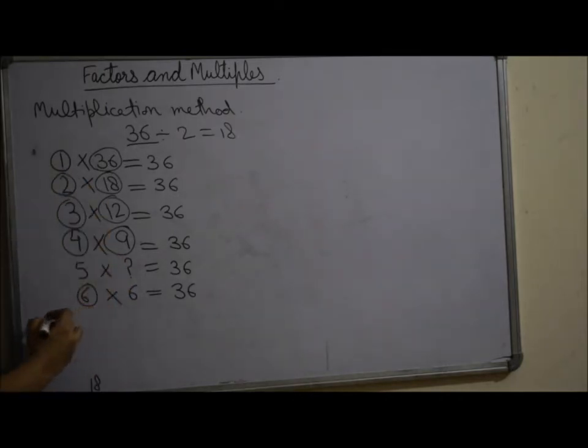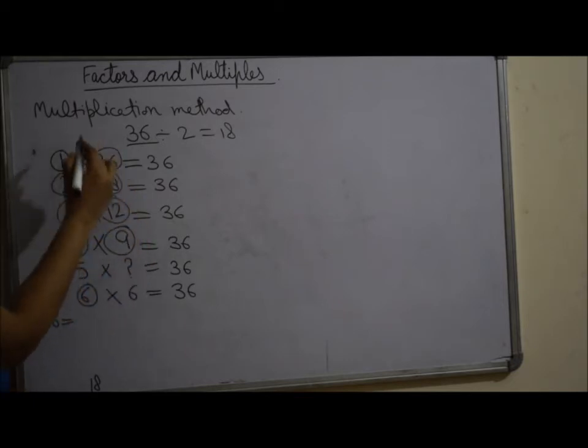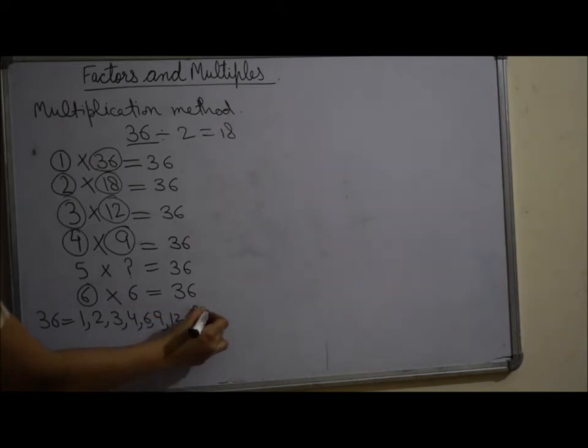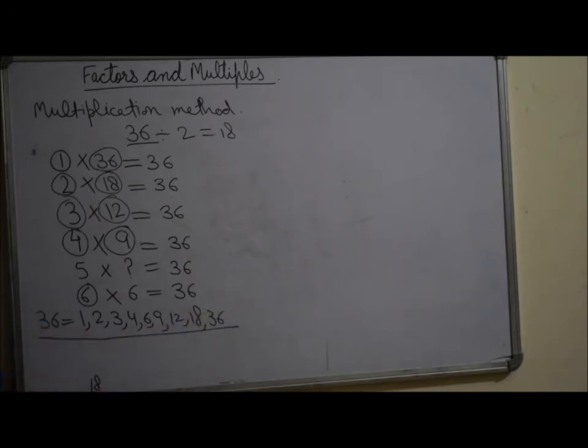So the factors of 36 are 1, 2, 3, 4, 6, 9, 12, 18 and 36. These are all the factors of 36.